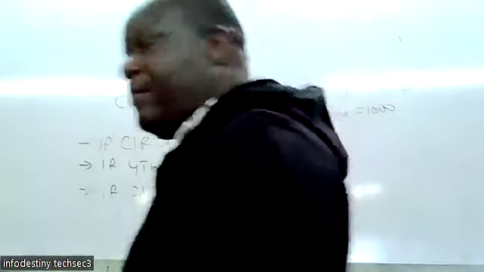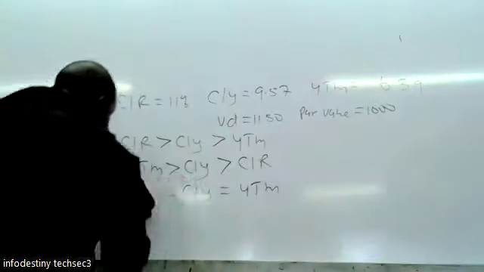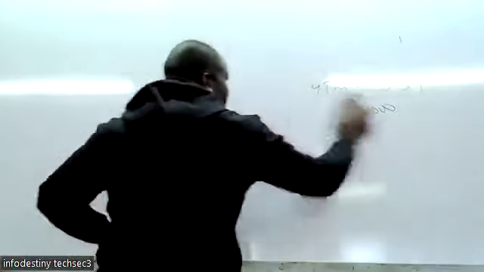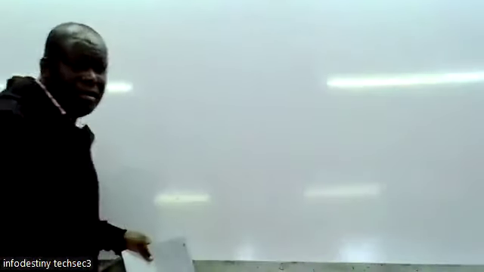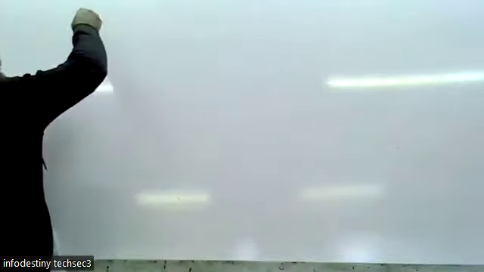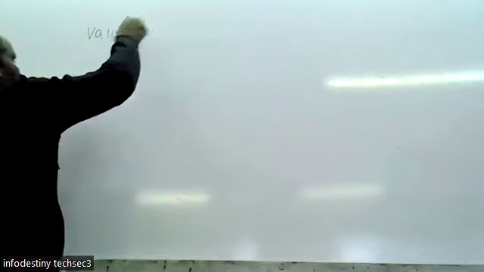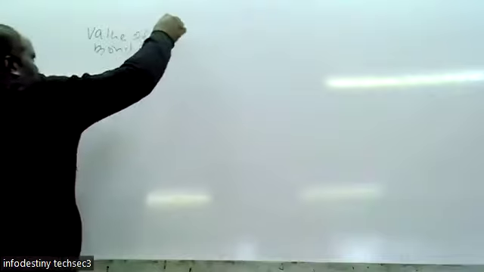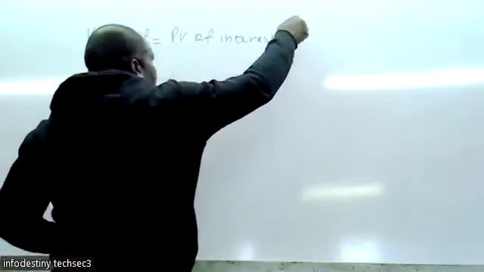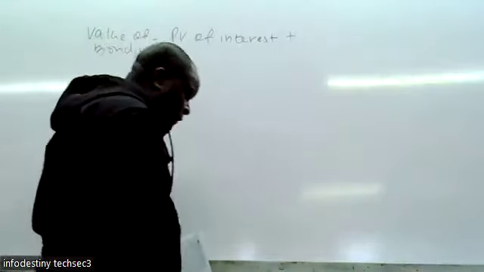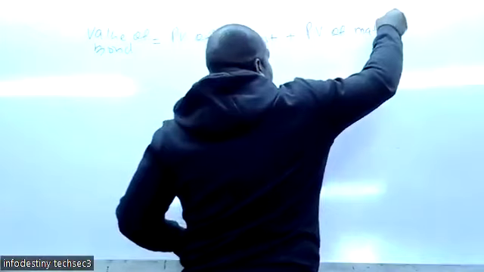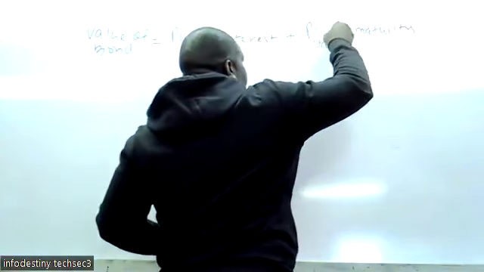How to get the value of the bond: we have seen from the previous topic that the value of the bond is given by the present value of interest plus the present value of the maturity value.